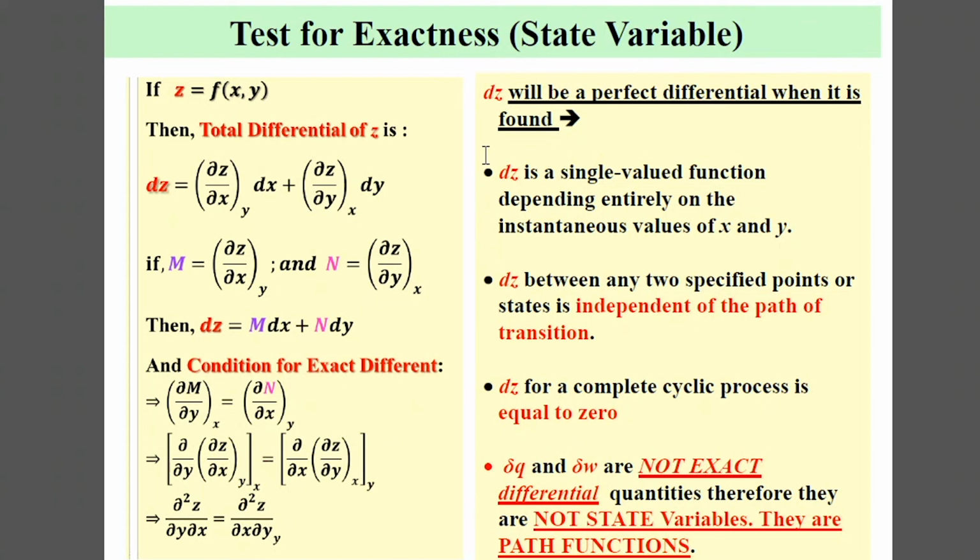We have not discussed the first law as yet, but I know all of you know. The heat dq and the work done dw are inexact differentials, but when they are added, they become equal to a change in internal energy, and that is the state function.